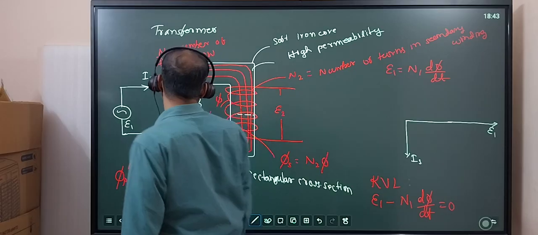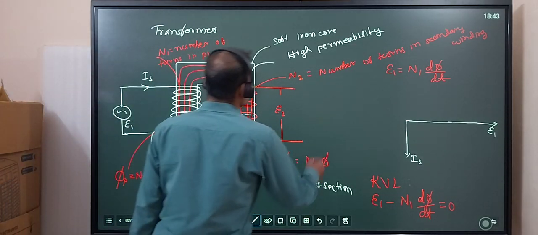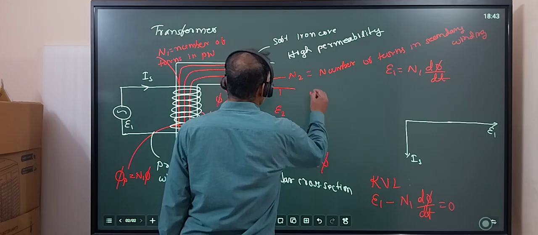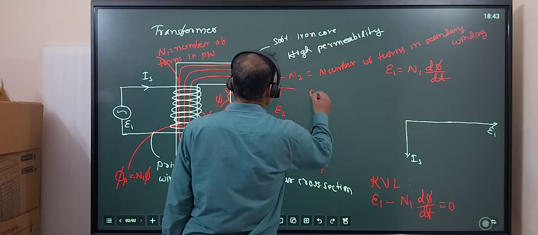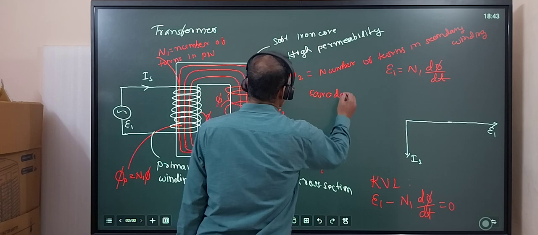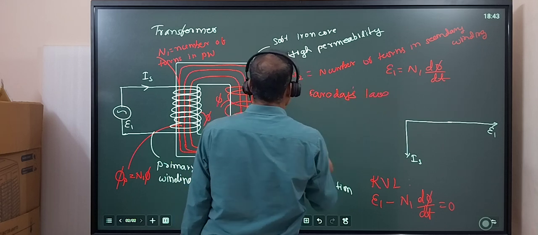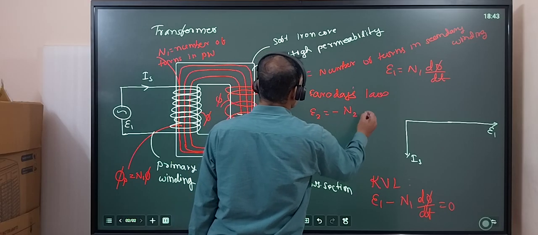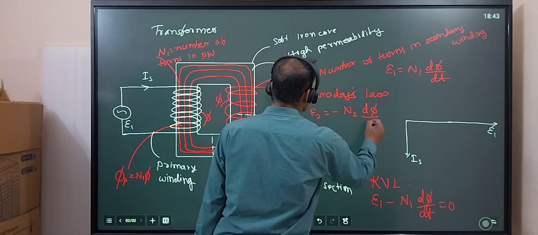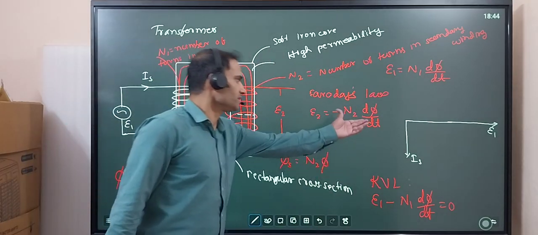Now what about E2? We can find E2 using Faraday's law, and E2 will be minus N2 d phi by dt, that is the rate of change in flux.